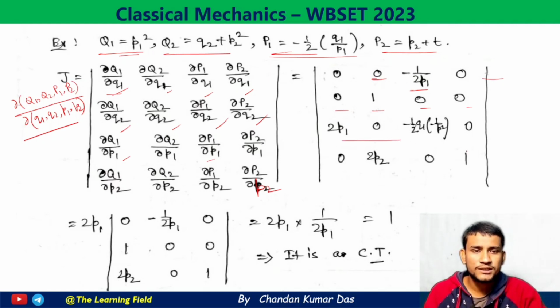Now if we express the determinant using this quantity, then we get what? First take common the 2 P1 terms.